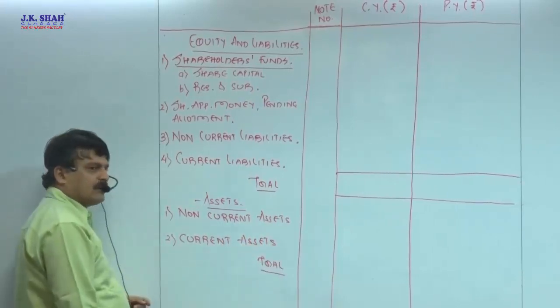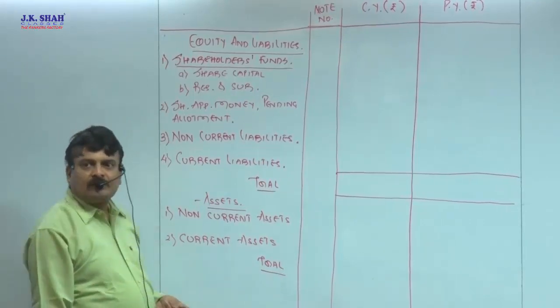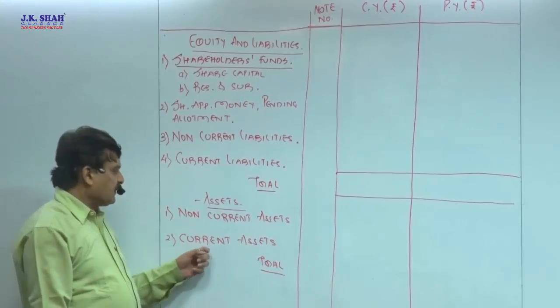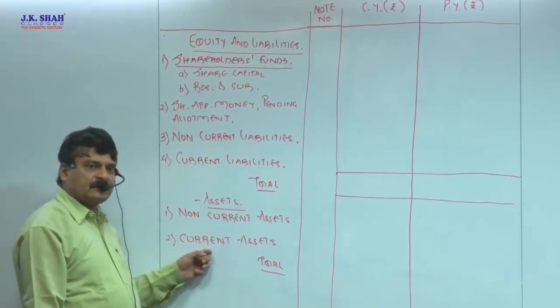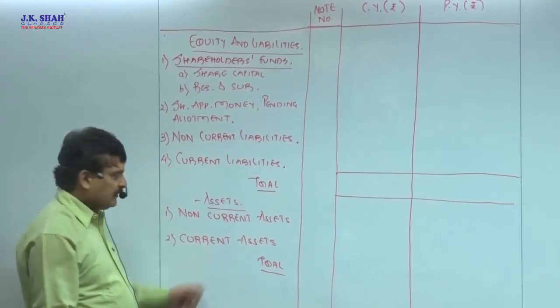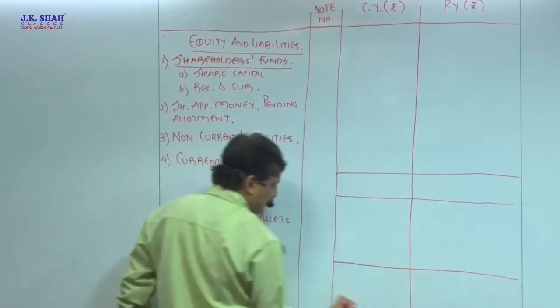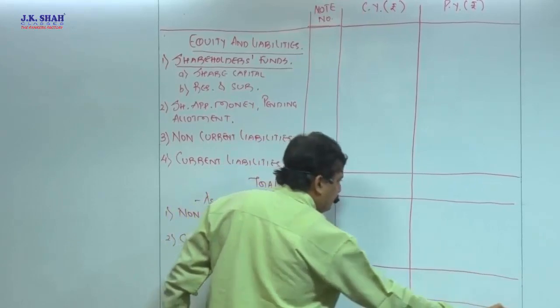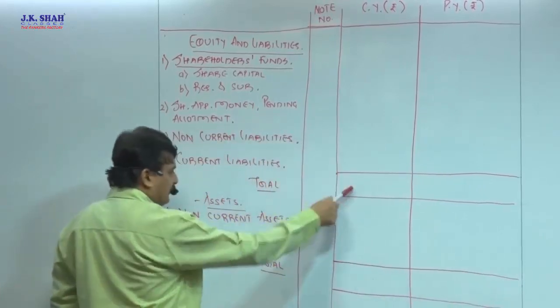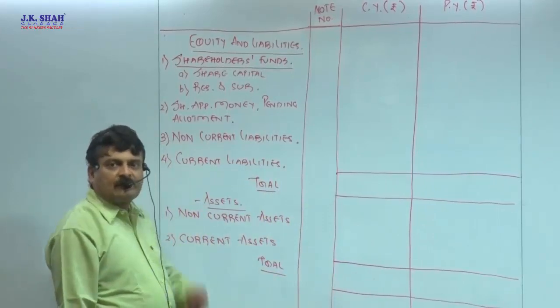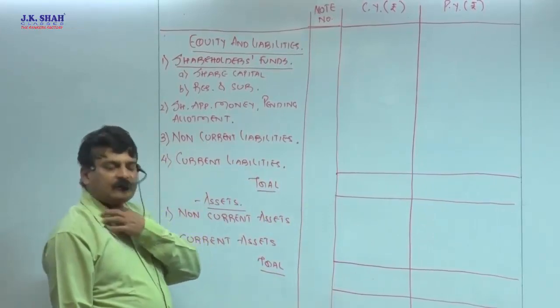What do we mean by non-current assets? Long-term assets. We can call it as a fixed asset. This one is current asset. That's a short-term assets. And then the total. And you all know, friends, the total of liability and total of assets should be same. And that is what you call it as a tallied balance sheet.